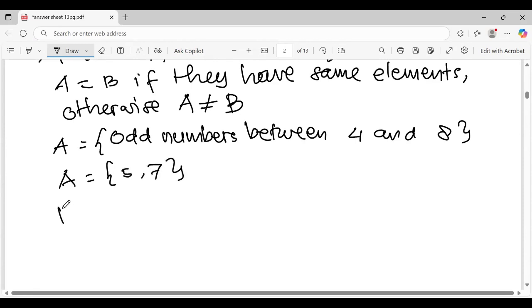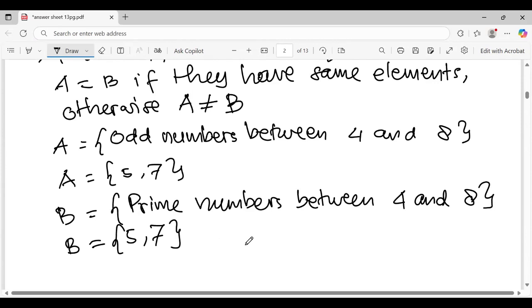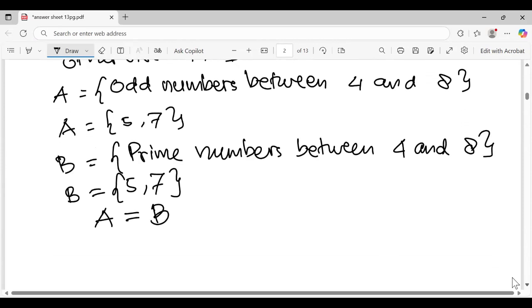And set B members are the prime numbers between 4 and 8. So B's elements are 5 and 7 as well. So we can state that set A equals set B, like that.